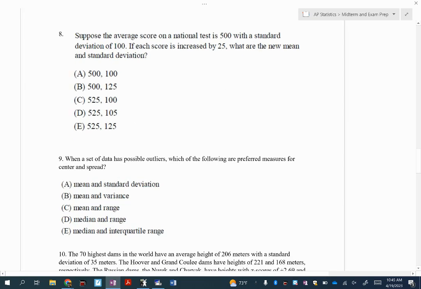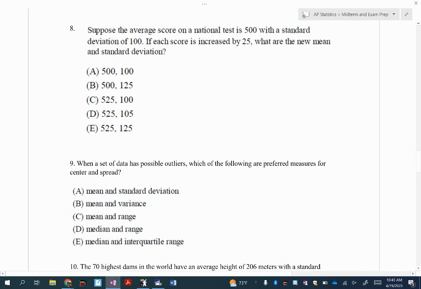8. Suppose the average score on a national test is 500. So telling you the mean is 500 and the standard deviation is 100. And what are we doing to each score? Increase by 25. So if I had originally scored a 550, what's my new score? 575.